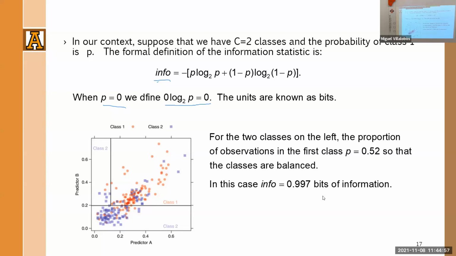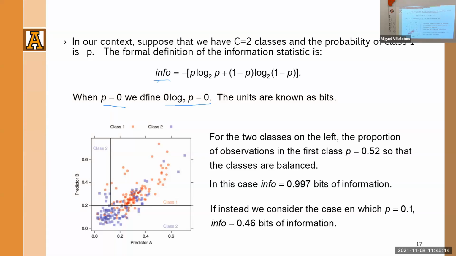That means I would require transmitting 0.997 bits of information to be able to classify an observation. If instead we consider the case where P is equal to 0.1, then the information will be 0.46.